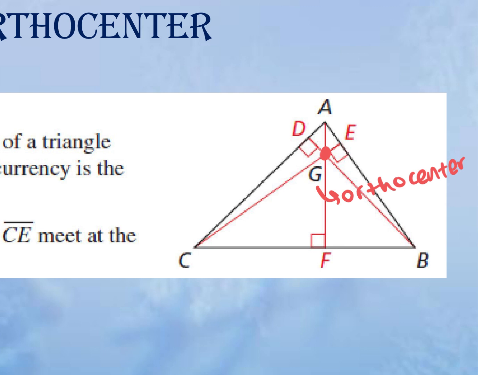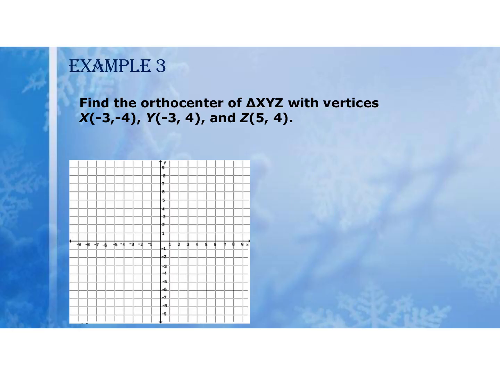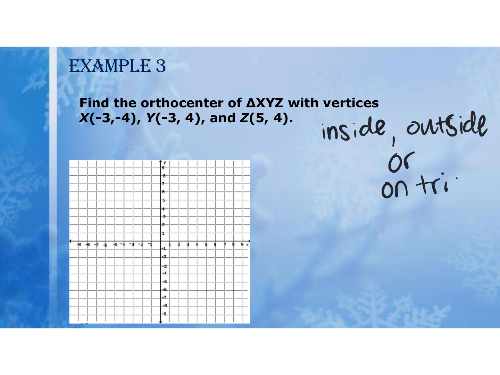Now, what I want you guys to do is skip the graphing problem. For these types of problems, the only thing I'm going to ask you, and I need you to write this down, is you're going to have to tell me whether the orthocenter is inside, outside, or on the triangle. Okay?